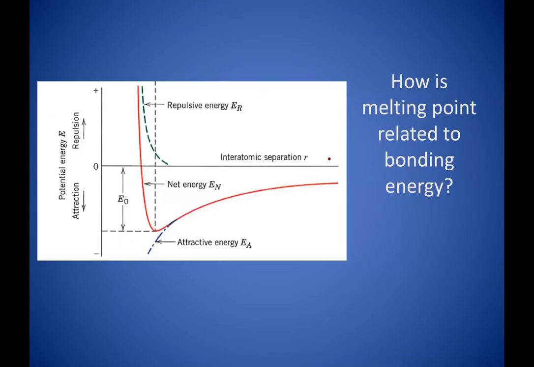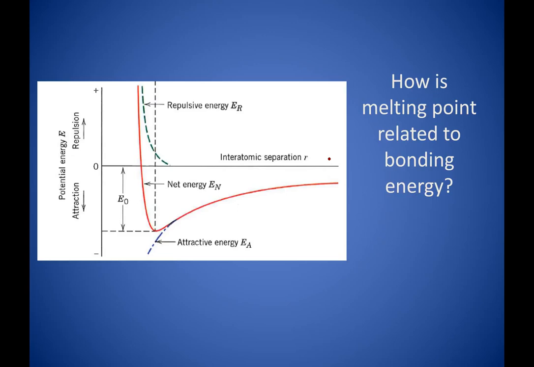Now, one of the reasons why we're interested in this bond energy is that it's related to some properties of a material, and we will talk about some of those as we go on. Right now, I just want to give you one example, which is the melting point. So the bond energy is the energy at which the atoms are held in position, if you like, when we're a solid.